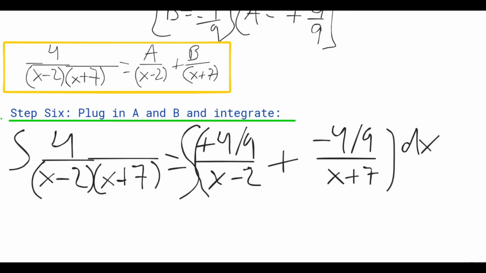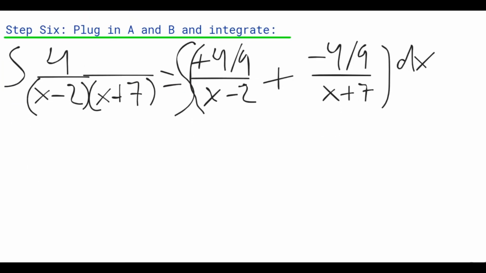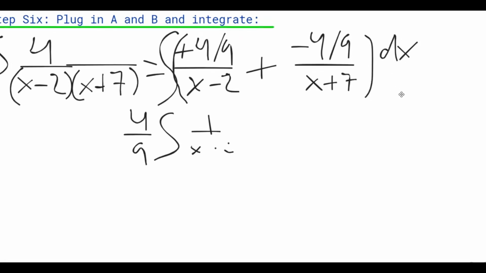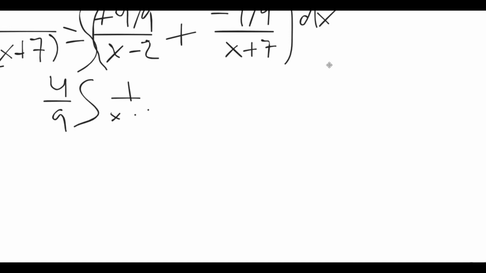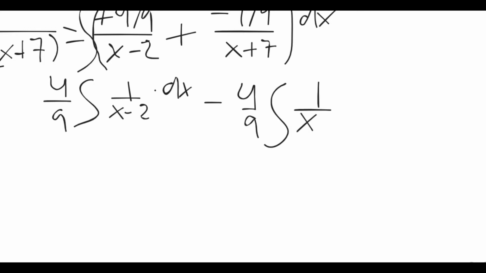So now that we plugged in, we simply integrate this. We can take this a step further and split up the integral, so we get the integral of 4 over 9 times 1 over x minus 2 dx, minus 4 over 9 times the integral of 1 over x plus 7 dx.